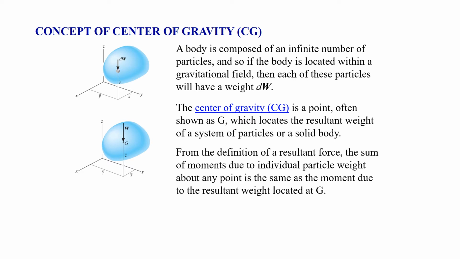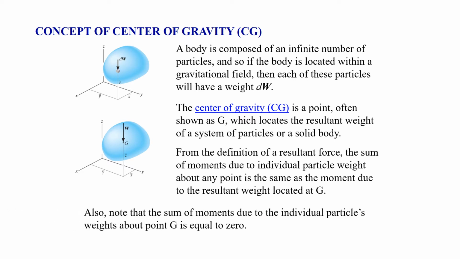If we know the location of the center of gravity and can consider the full weight at that point, then we've got one force acting at a single point instead of having to consider the individual particles that comprise the whole body. Also note that the sum of the moments due to the individual particles' weights about the point G is equal to 0.